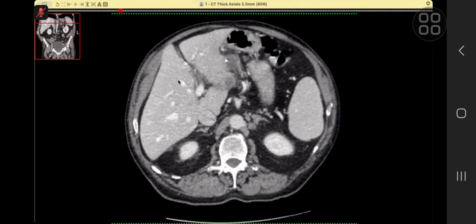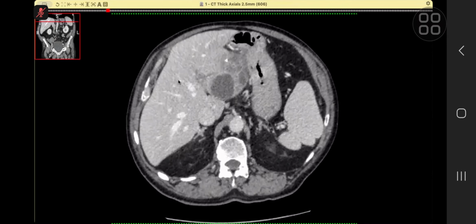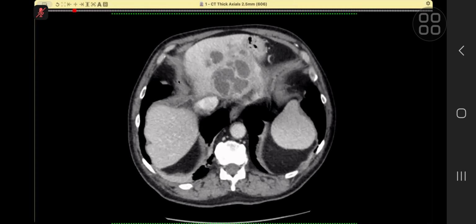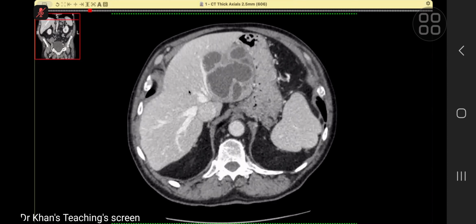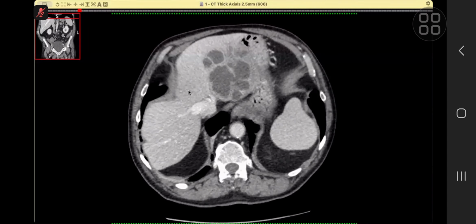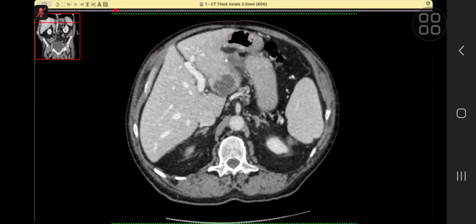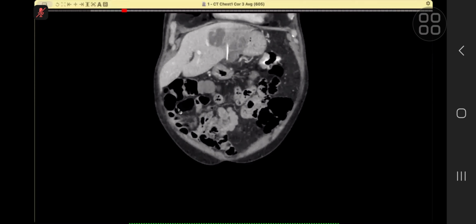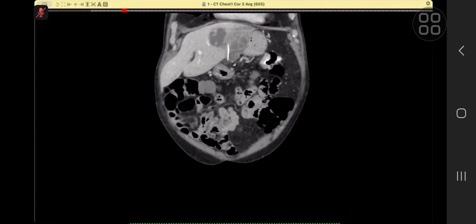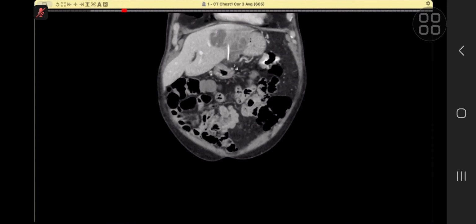You see the thought process. This is a very simple case, and you reach the diagnosis very quickly, but this is a case of a fish bone, actually. And you have to stretch your imagination as to what has happened.